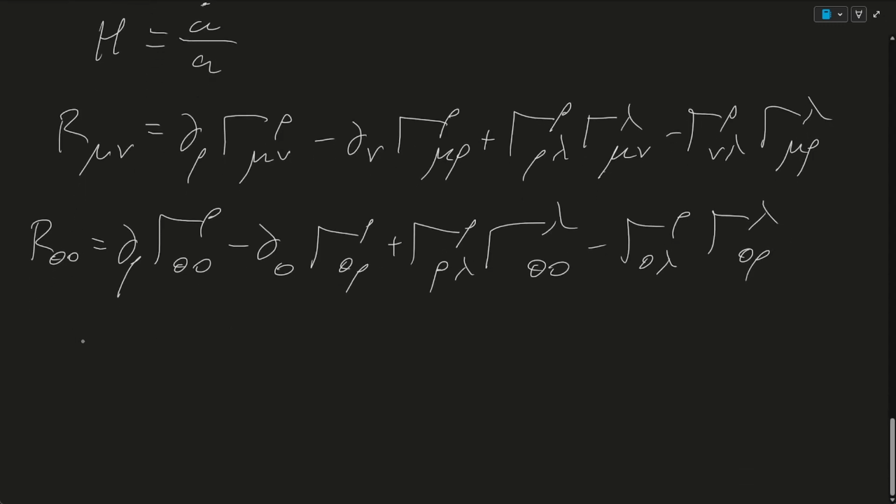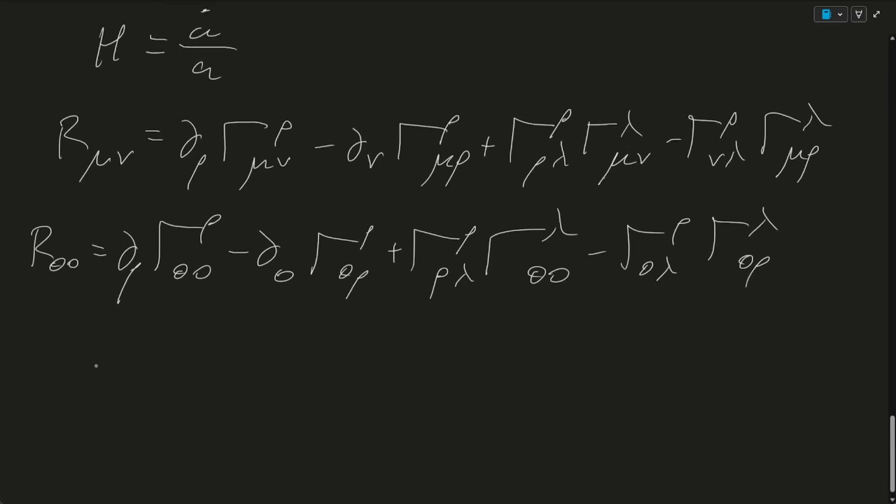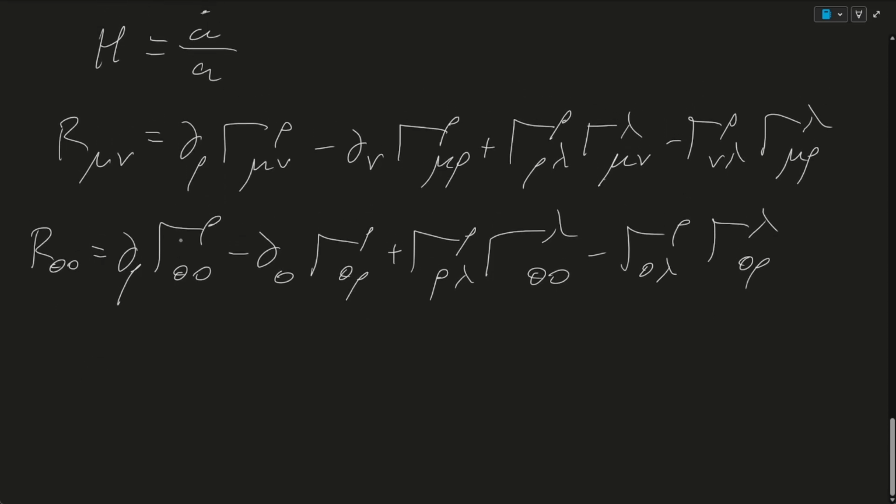Let's work out what all of these are. Term 1: there's no non-zero gamma with lower indices 0 0, so that's just 0. The second term, with rho equals i, is just going to give us the Hubble parameter. Summing over all rho 1, 2, and 3, we're going to get that this is 3H.